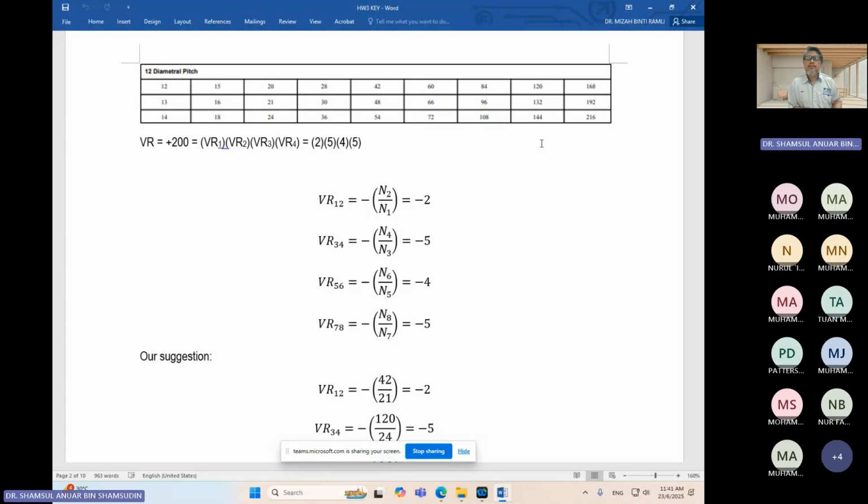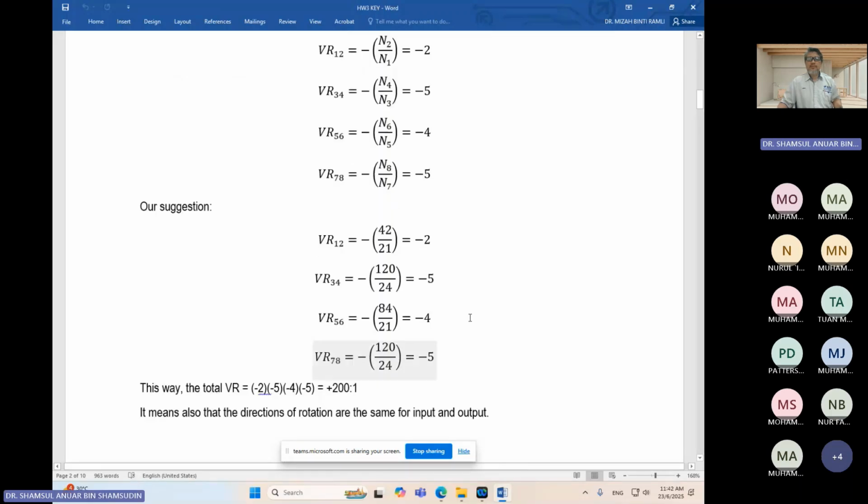So I guess 21 times 5 is 105. So 28 times 5 is 140.